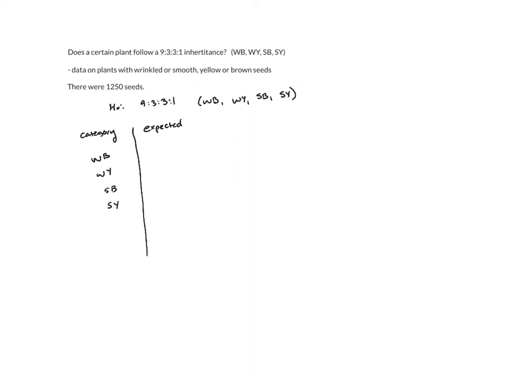To get this, I need to think about what this ratio means. I'm saying there should be 9 in the first, 3, 3, and 1. If I have a 9-3-3-1, that means the total number of seeds I have in this little ratio would be 16. Because if I have 9 plus 3 plus 3 plus 1, there's 16 total. And out of that 16 then, I know 9 of them should be wrinkled and brown. So the ratio for wrinkled and brown should be 9 out of 16.